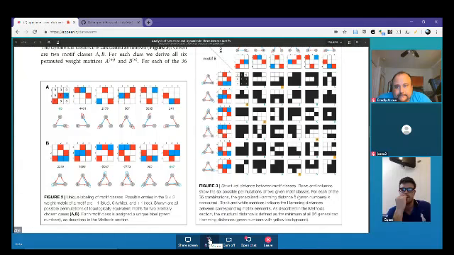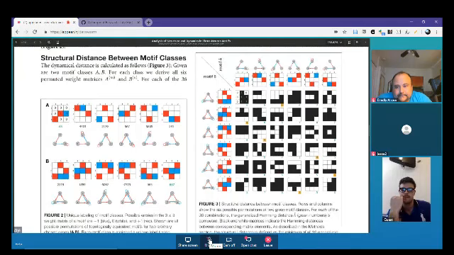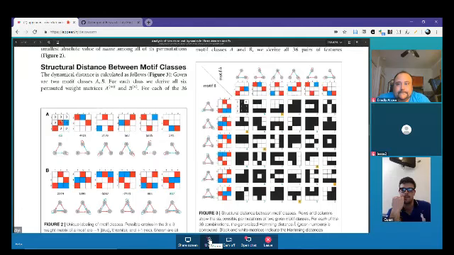The structure distance is simply that you count the difference in the connections for two neural networks, one from one motif and one from another, and that number is the structural distance between the two neural networks.